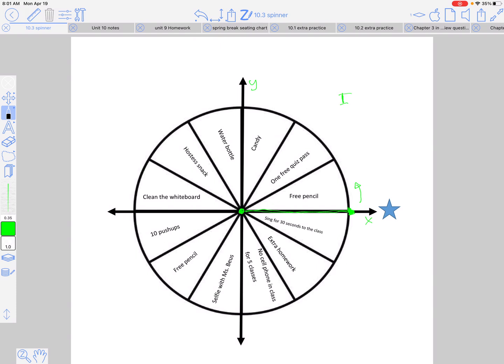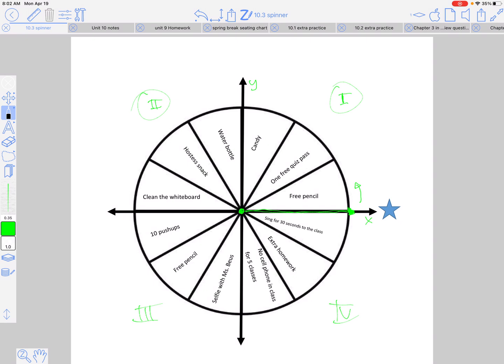And the reason why that is, if you remember, is because of the positives and negatives and how they work. We call this quadrant 1, quadrant 2, quadrant 3, and then quadrant 4. So these are the rules set up when we're looking at angles on a coordinate plane, okay? So you can see how I'm setting it up here.